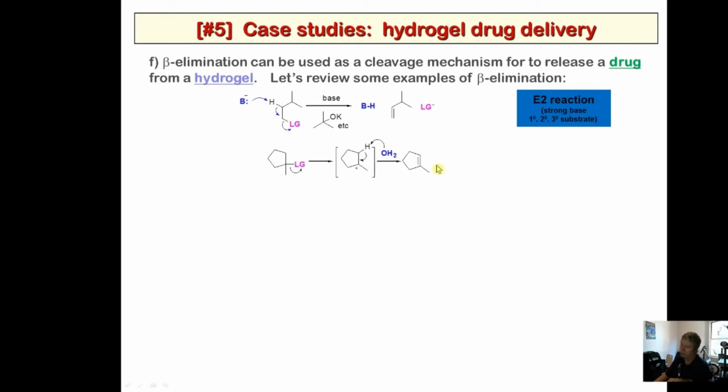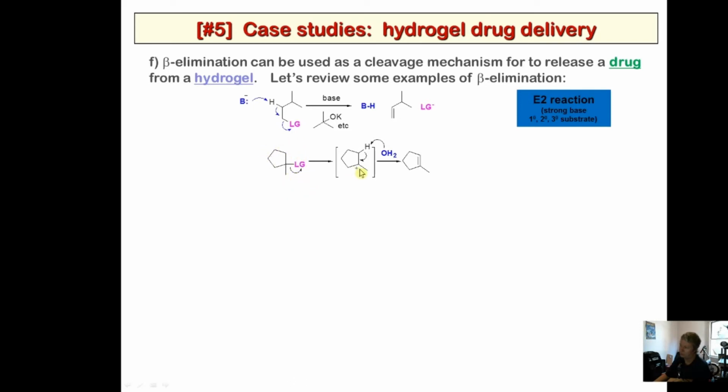Okay, so what happens if the leaving group first falls off to make a carbocation, and then some kind of weak base will take off that proton and generate an alkene? This is not an E2 reaction, 2 being, again, bimolecular. This is a unimolecular reaction because the rate-limiting step is the loss of the leaving group. This is a slow step, right? The leaving group usually doesn't want to spontaneously fall off.